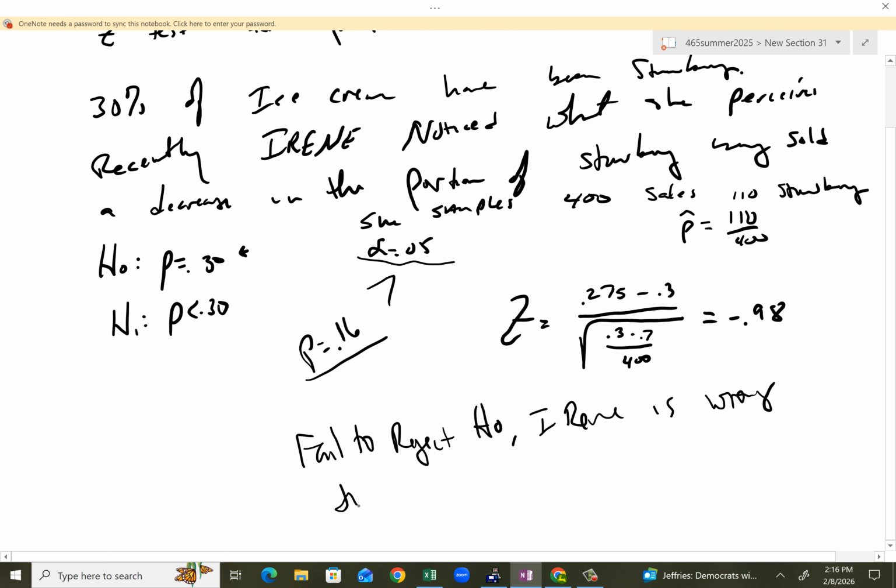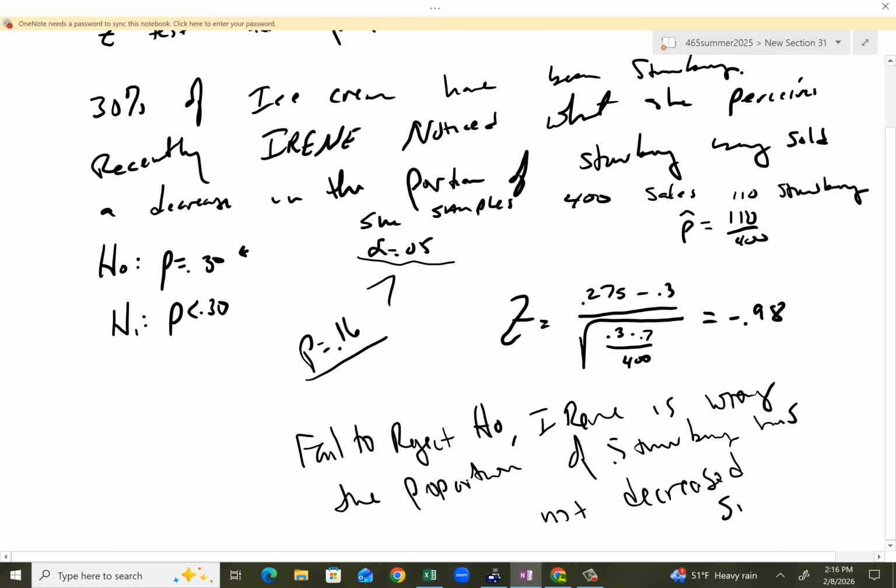The proportion of strawberry has not decreased significantly.